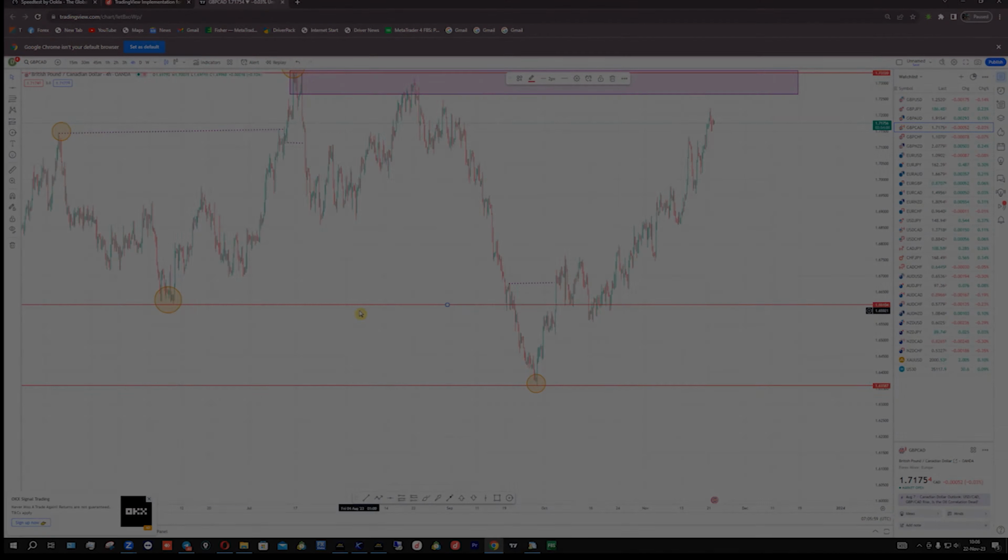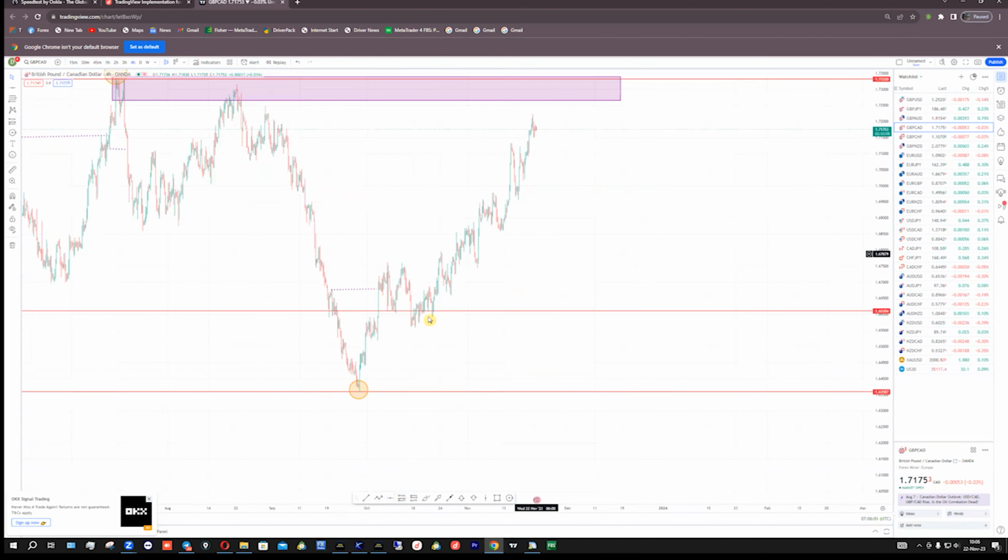Rules are rules, and I told you never break any rules. So having the change of character there and the first break of inducement, this is why we get our lower low. Then we were waiting for this market to continue selling to break this area. Then we can get now our first lower high.